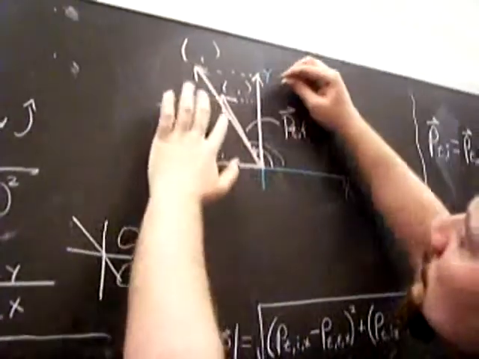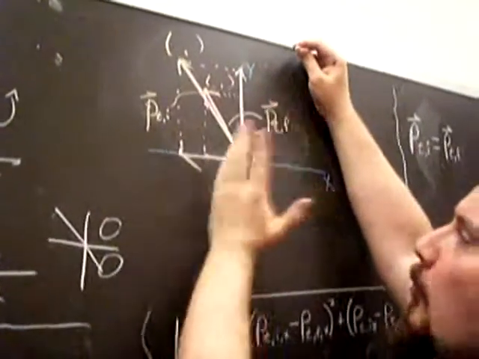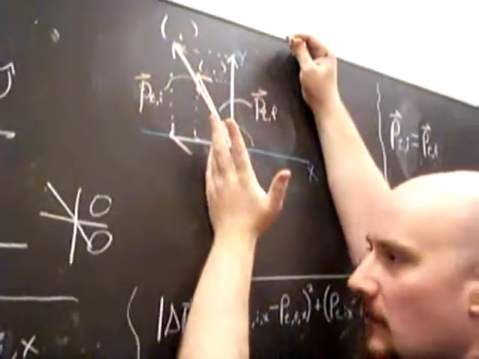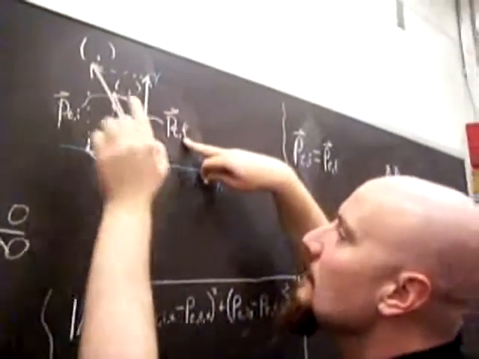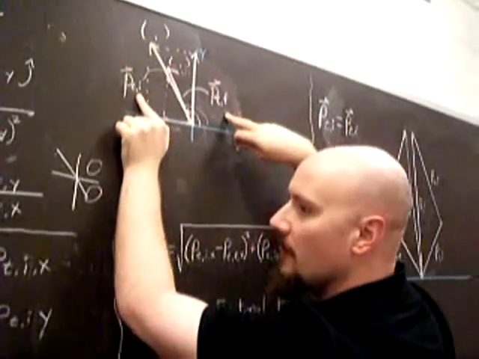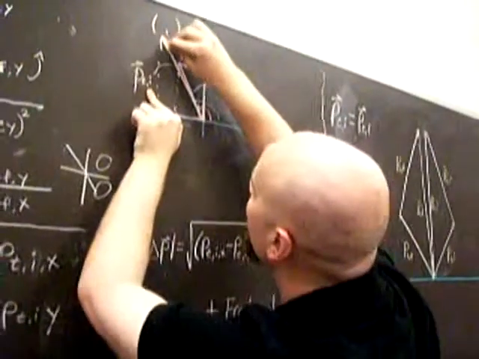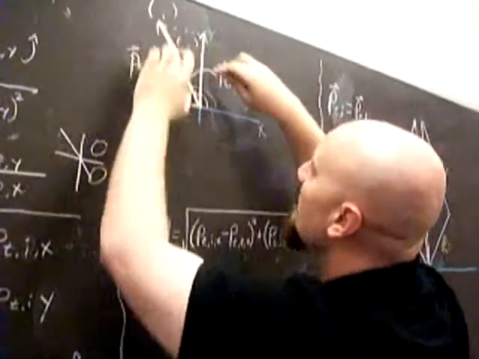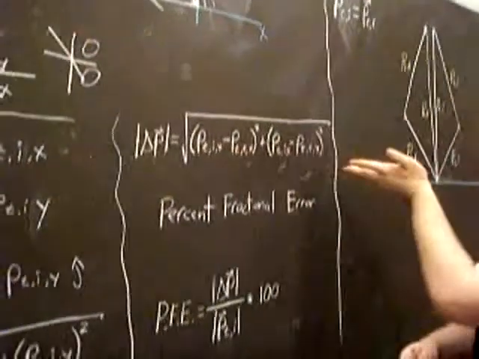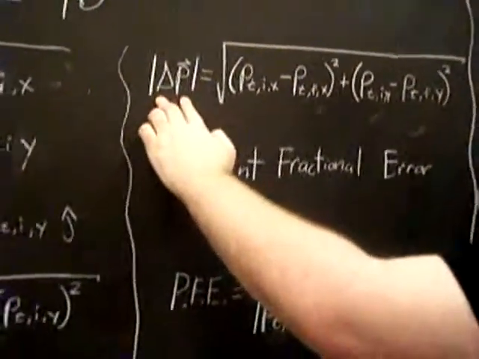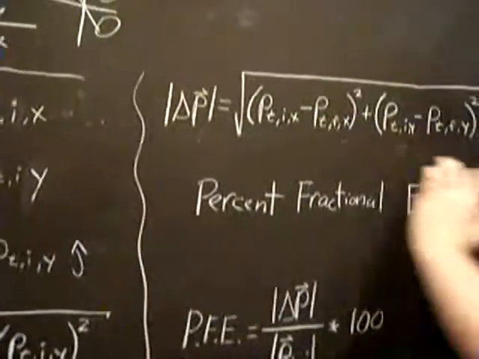So look, if momentum was 100% conserved, these angles would be the same. The final momentum would be equal to the initial momentum, but we have some error here. And the error is represented by this difference, this distance between these two. Since we have the coordinates, we can now find the magnitude of this error vector with the distance formula.